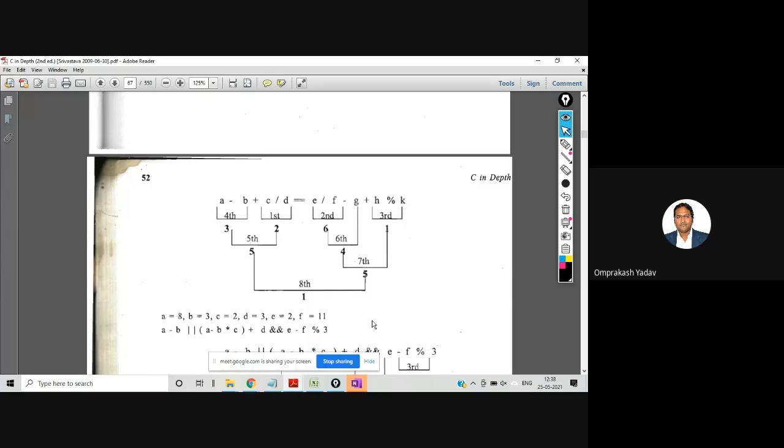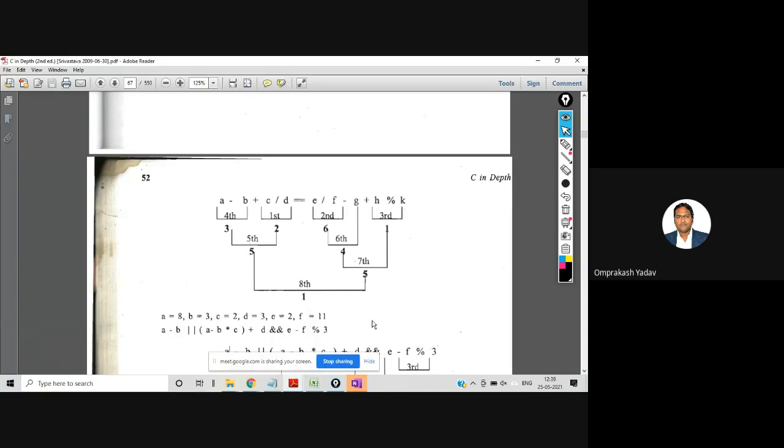You can refer to the table. If you don't remember the precedence, you can refer to the table. But for your point to remember, I gave two statements. If you could just remember those two statements, and I told you that there are only three types of operators which work from right to left. The rest all work from left to right. So you will be able to easily remember that concept. If you have not understood, you can quickly revise my last video later. All the videos are there in the Google Classroom.